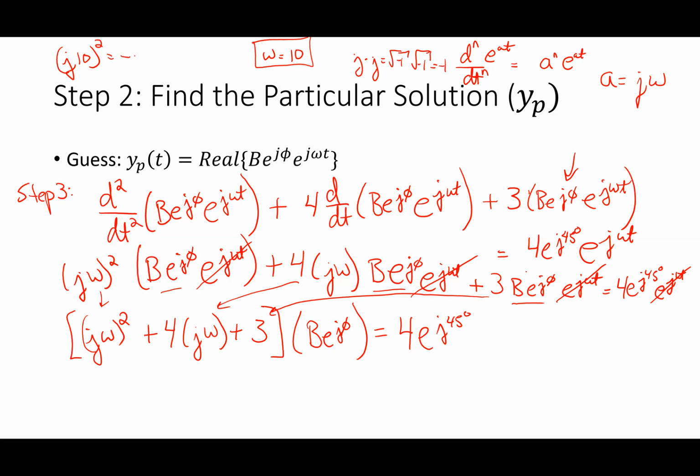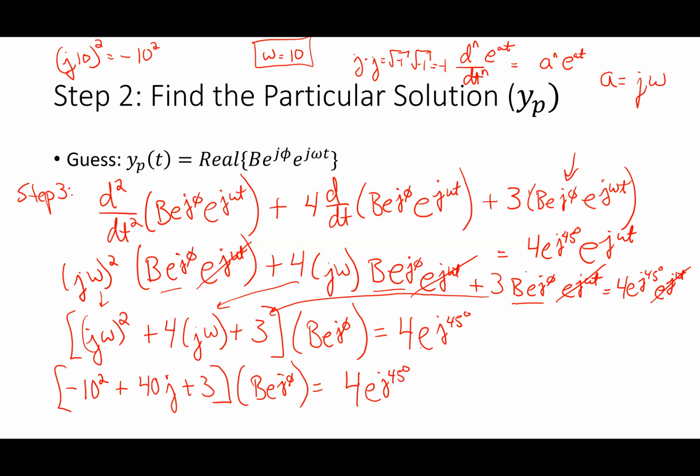So that turns this into -10 squared, or -100. So this guy here becomes -10 squared plus 4 times 10, so plus 40j, plus 3, times b e to the j phi equal to 4 e to the j 45 degrees.